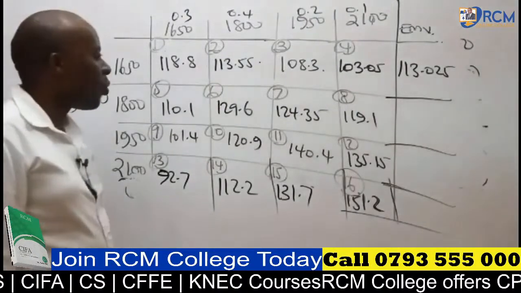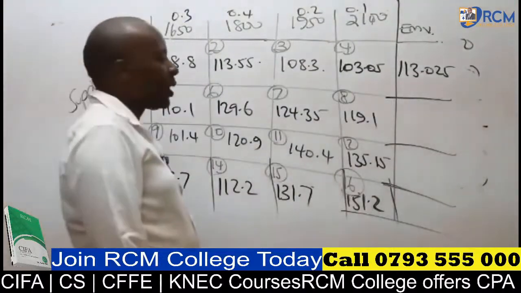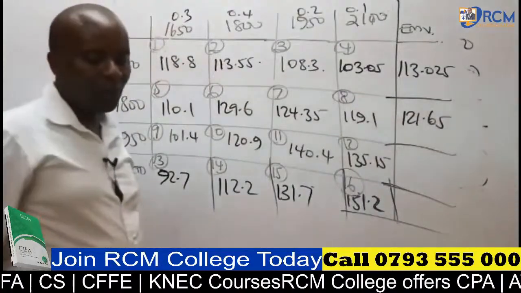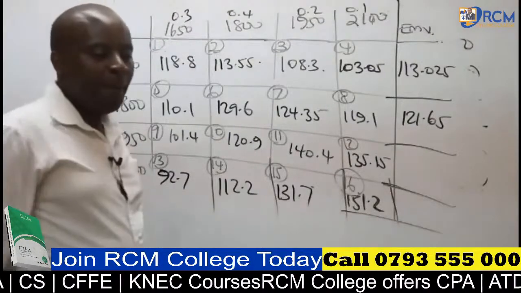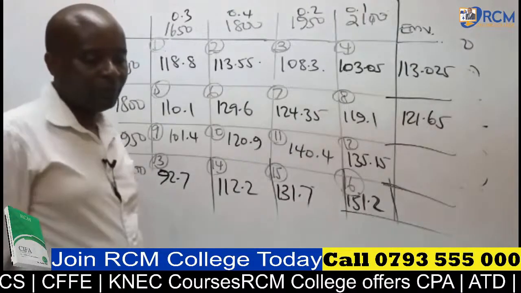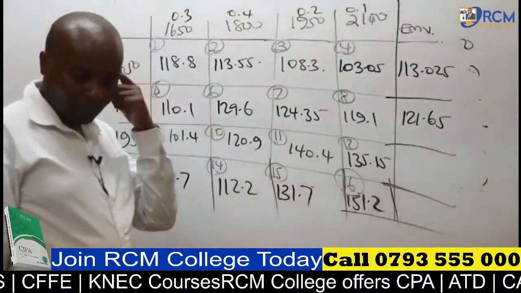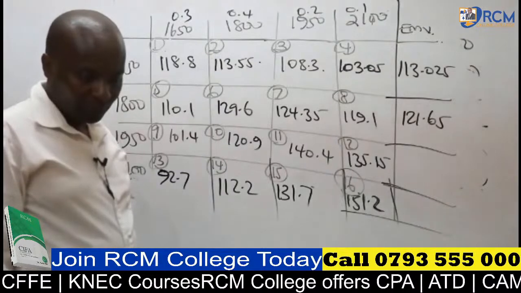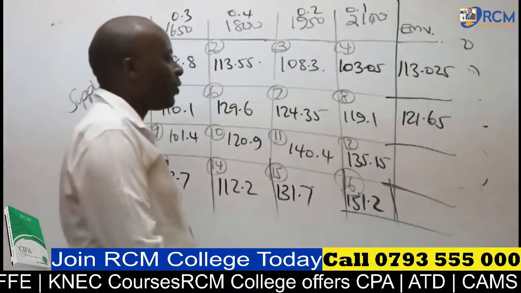From there, we have the second one. How about the second one? 121.65. From there, we have the third one: 120.375.